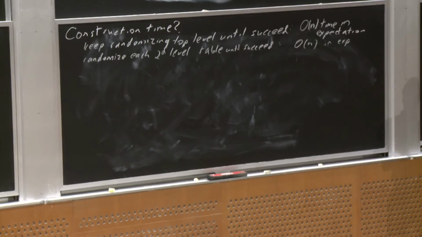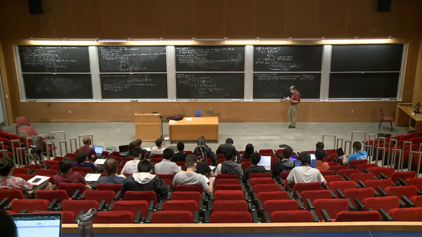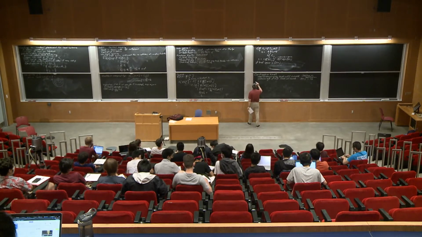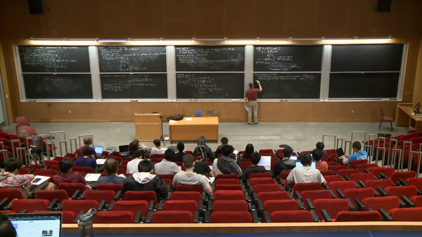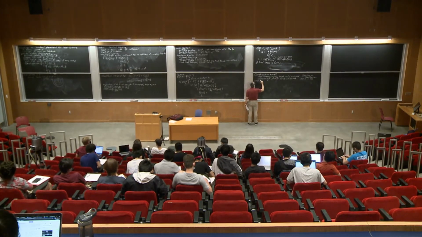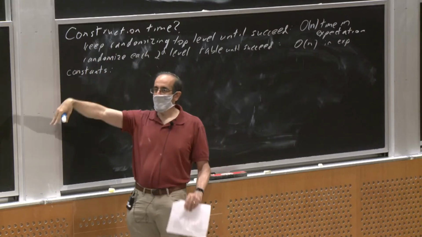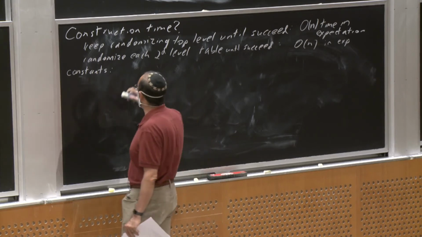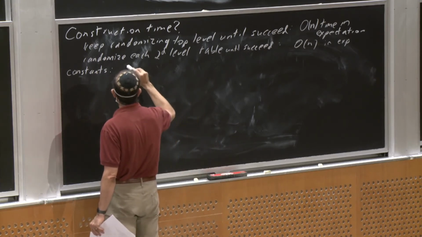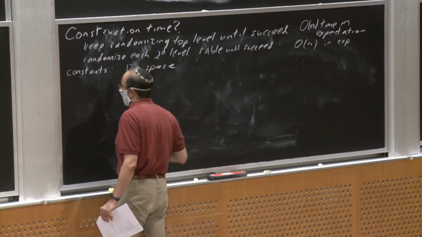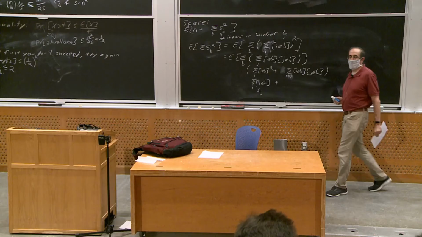That's pretty much all I want to say about perfect hashing here. I'll mention that in terms of the constants, if you just work through everything as I've described it here, it turns out that you use about 13n space. Okay?